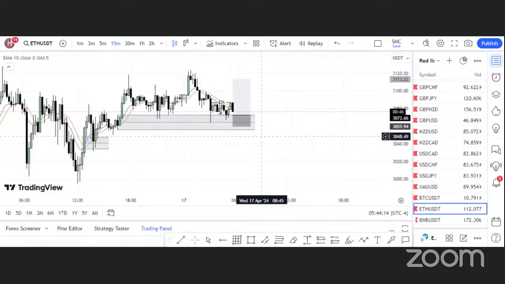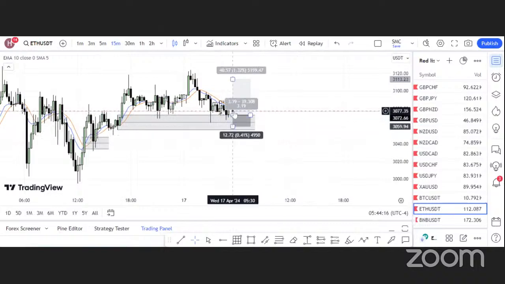So let's see what happens when Ethereum USDT moves to this level.